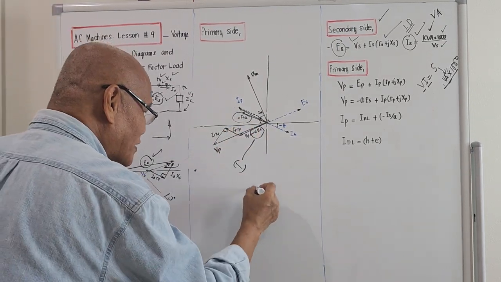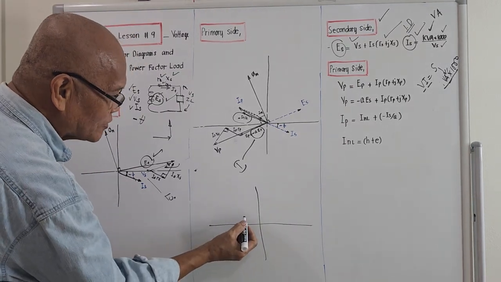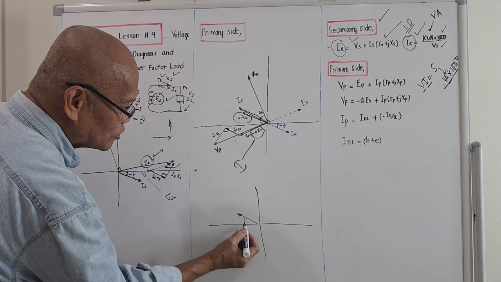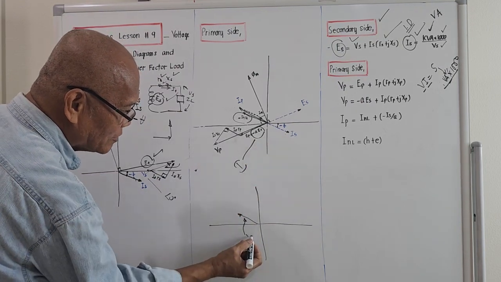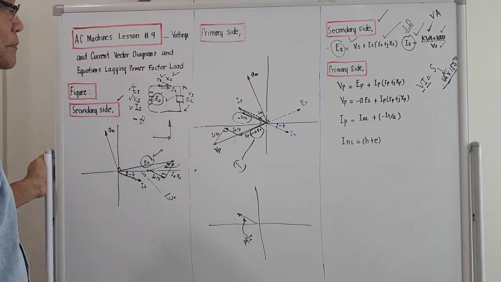So actually, it's like this. Okay, I just enlarge it. This should be this one. It's the reverse of this. It should be negative I sub S over A, right?